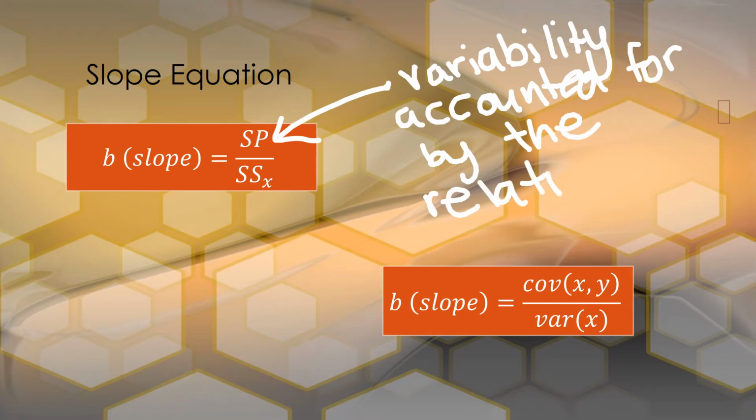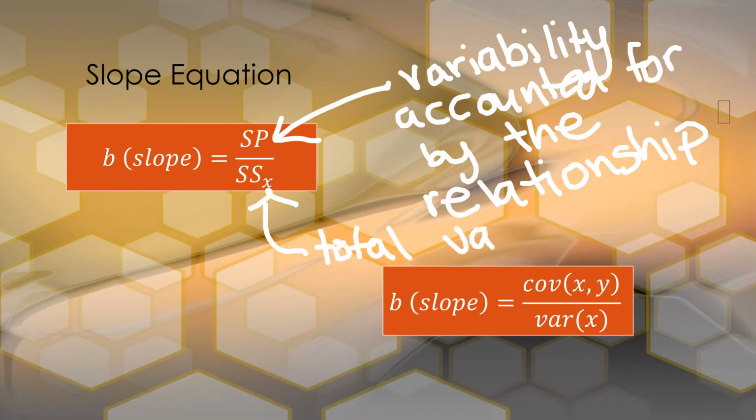That's the top part, the sum of the products, is the variability due to the relationship, and divided by the total variability in x.